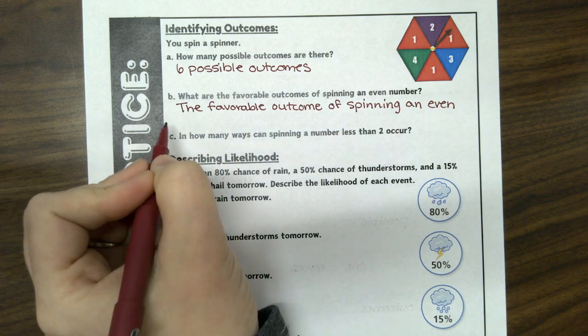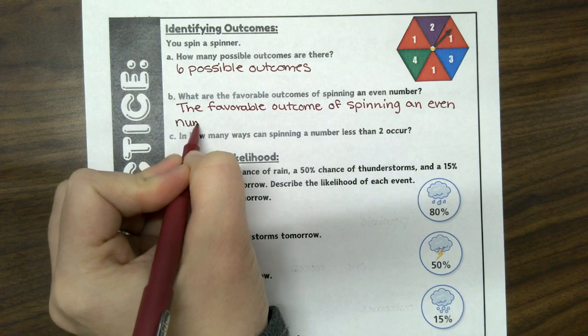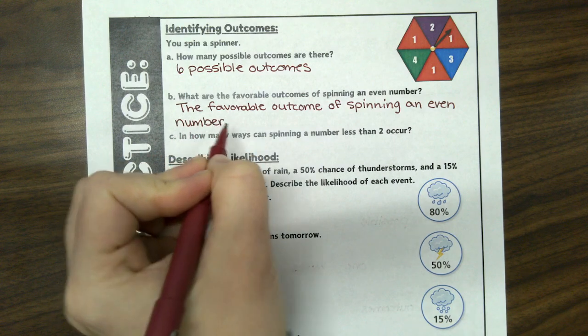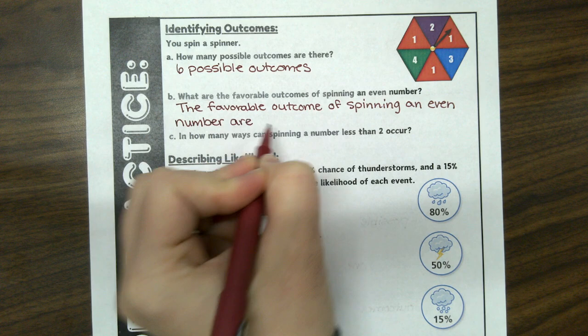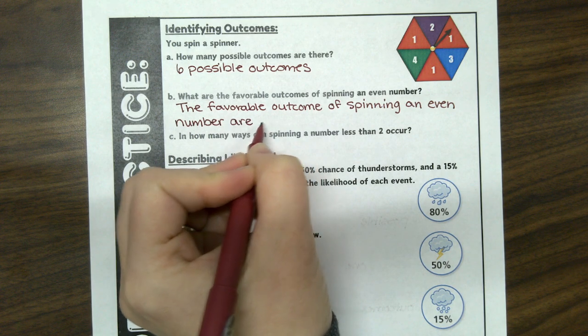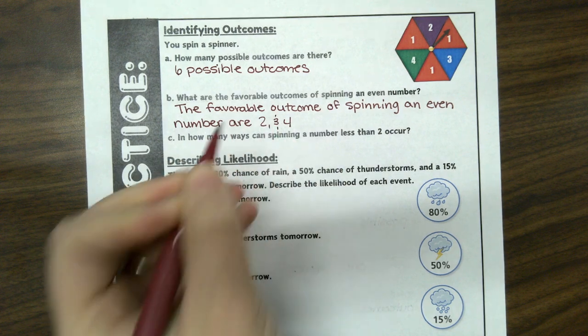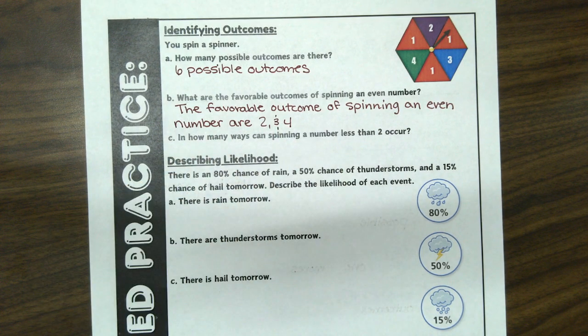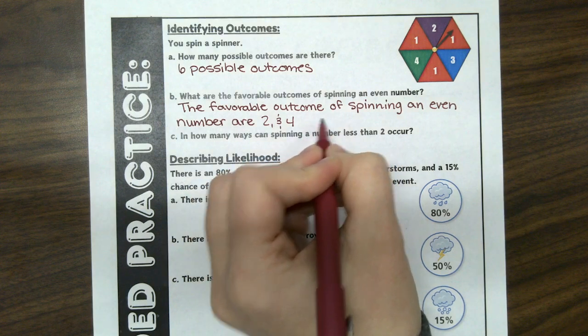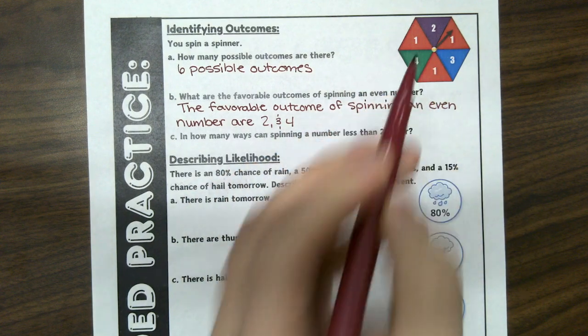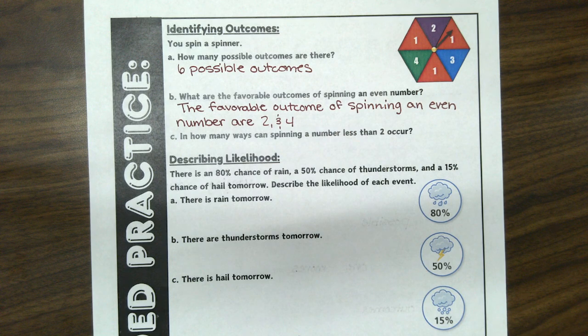I want you to write the whole thing down. An even number are 2 and 4. So what are the favorable outcomes? 2 and 4 are even numbers, so there is a favorable outcome of 2 to 6, right?